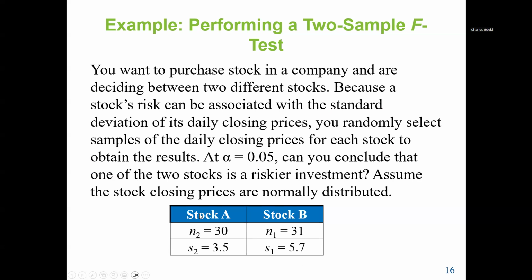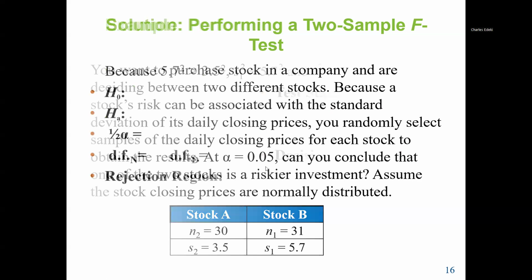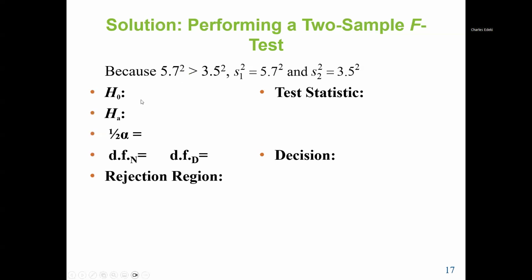So here we have stock A, n2 is 30, s2 is 3.5. Stock B, n1 is 31, s1 is 5.7. So we have enough data, and also we know the alpha value is 0.05, so we can do our hypothesis testing. The first thing, we state our H0 and HA.